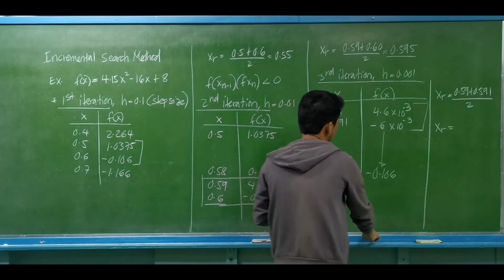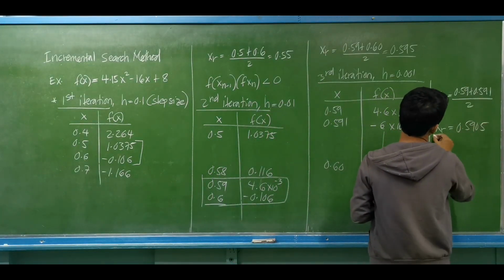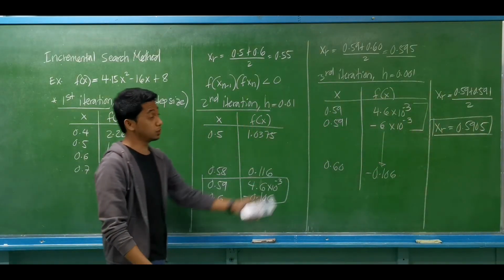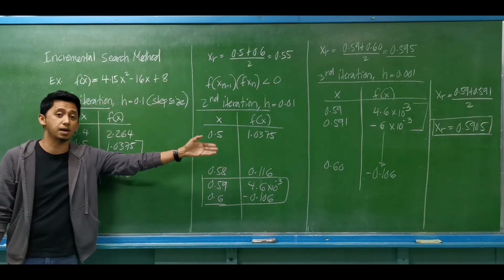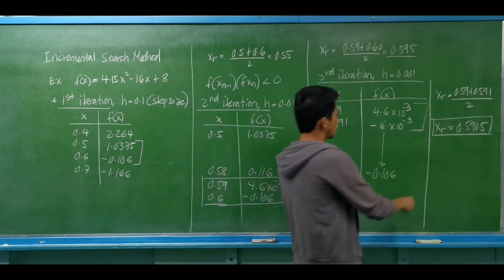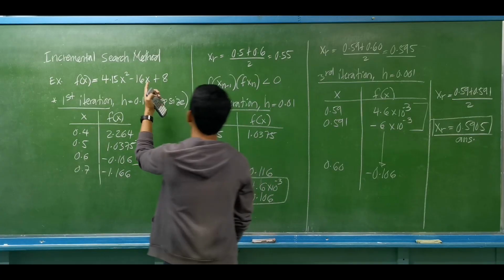That will give us the value of 0.5905. So this will be the closest value of the root, or one of the roots, of the given function on the third iteration. So this will be our example. We may consider this as our answer, as one of the roots of the given problem.